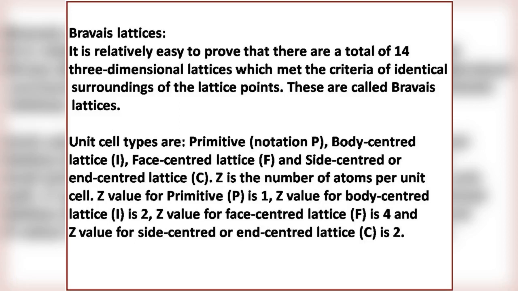The number of atoms per unit cell in the case of primitive is 1. The Z value for body-centered lattice is 2. The Z value for face-centered lattice is 4, and the Z value for side-centered or end-centered lattice is 2.